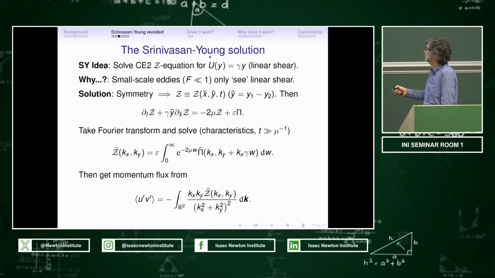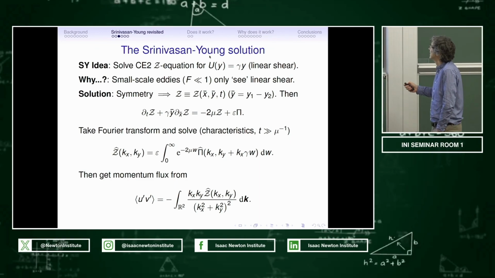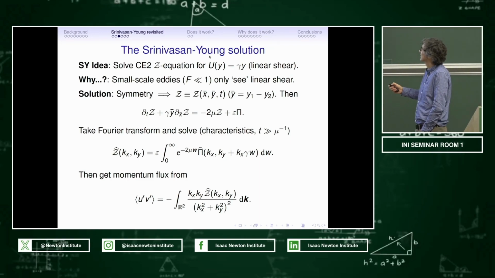How do you solve this equation? It's a first order PDE in Z. The original equation for Z is defined on the domain squared, but because we're introducing a linear shear, it collapses into a PDE in 3 variables, where X bar and Z bar are the differences in the longitudes and latitudes rather than the individual ones themselves.